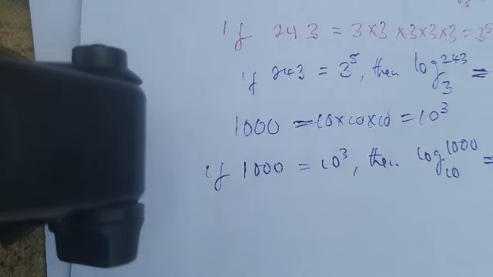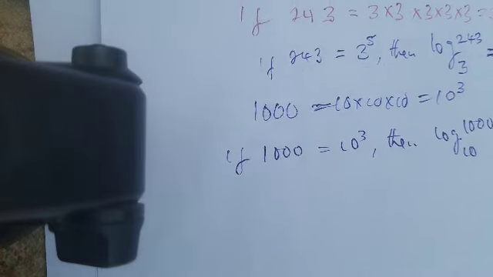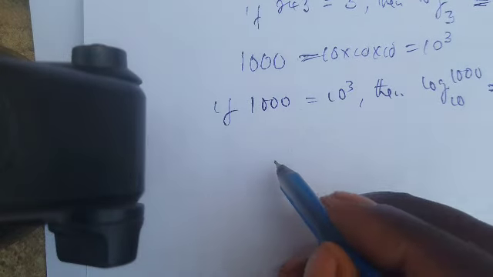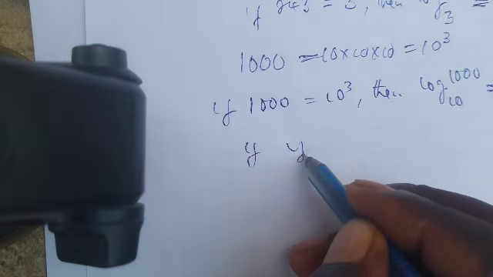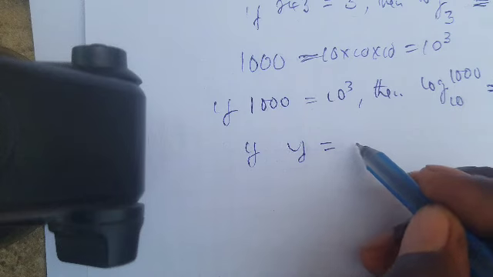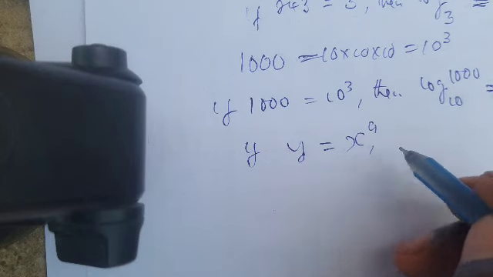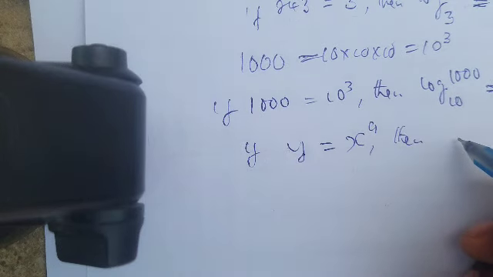All this from the law of indices. And in general, if you have y is equal to x raised to the power of a, then we can say that log y base x is equal to a.